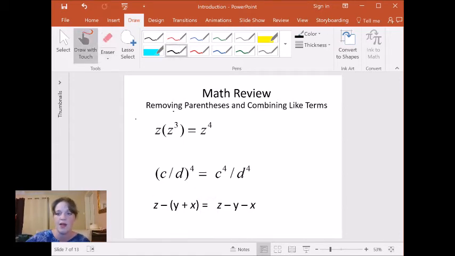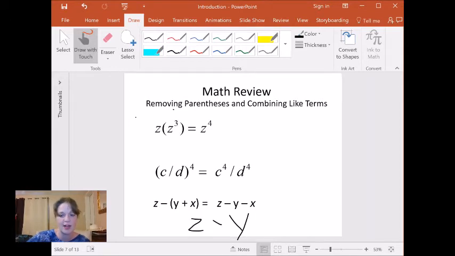There we go. Now, what do I mean by distribute out the negative sign? Well, I have z minus y. Well, then this minus turns y into a negative number. Z minus y. And it also turns this x into a negative number. And so z also minus x. And it was z minus y minus x.